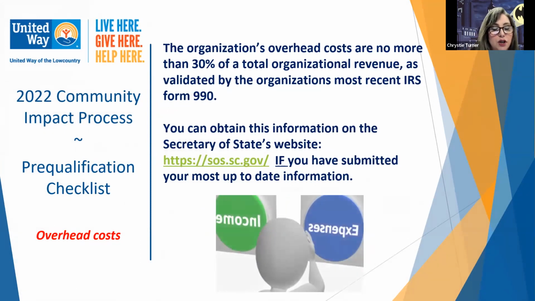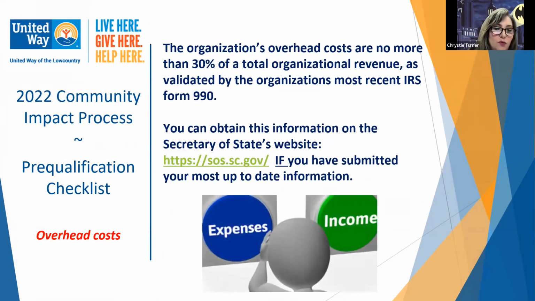All right. So this is another one that there's no wiggle room on, I'm afraid. The organization's overhead costs can be no more than 30% of the total organizational revenue as validated by your 990.